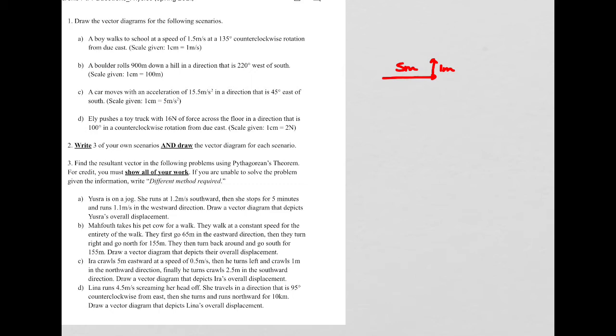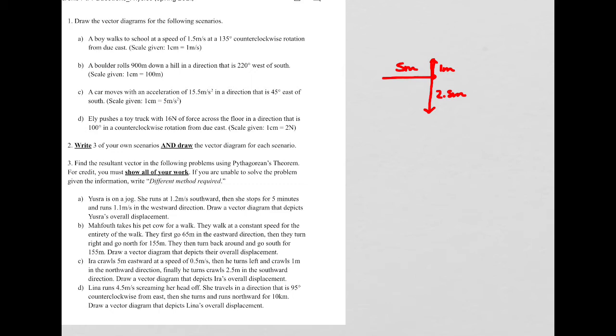So we went east, north, and then 2.5 meters in the southward direction. So technically this is a different method required. You could solve for this one, but if you wrote different method required, that's fine. And we're just going to call that the right answer.